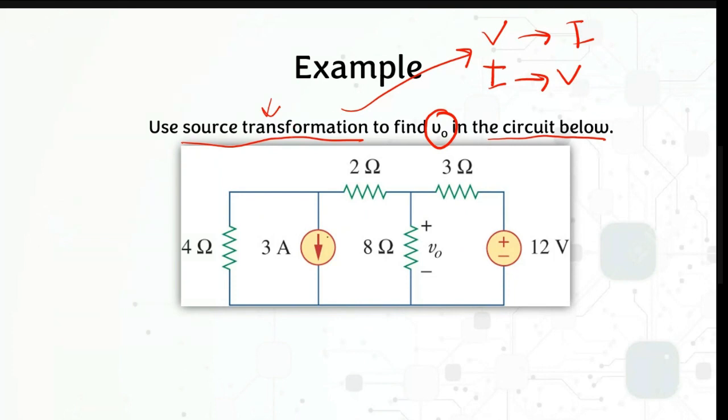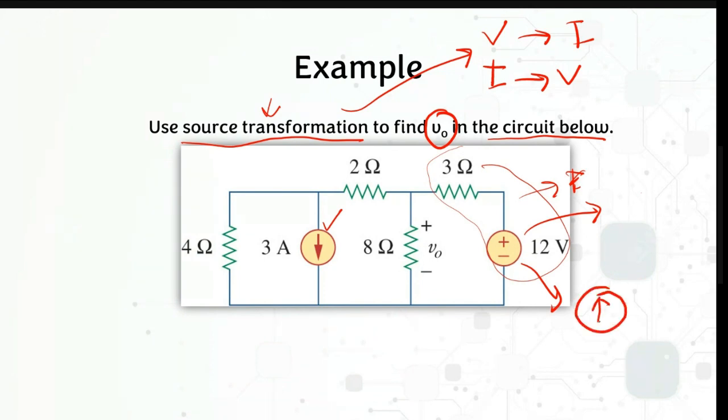So you can transform this current source into a voltage source, or you can transform this part here into a current source. If you want to transform this into a current source, you need to note your polarity here, so the current direction must go this way.